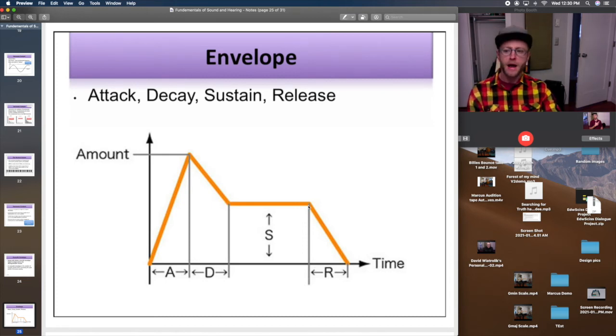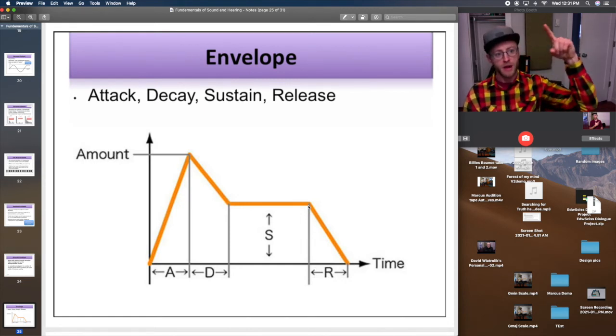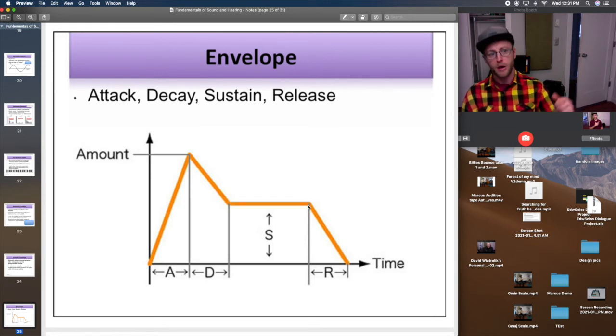So these 4 aspects, attack, decay, sustain, release, these are the parts of a sound envelope. You'll see this stuff all the time. You're going to see it with synthesizers when you're shaping the waveform. You'll see these in the DAW when you see the shape of a sound in its waveform. A snare drum and a kick drum and a guitar and a hi-hat and a voice are going to have different shaped envelopes.